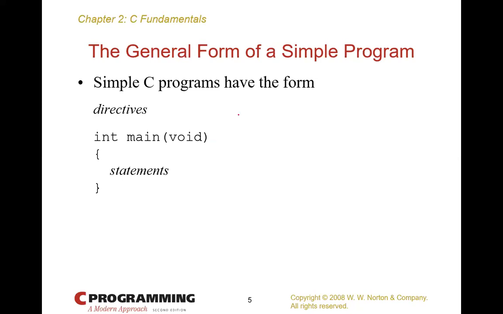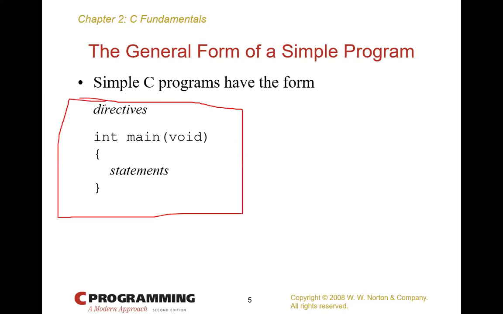All right. So, what do C programs look like? C programs have this general structure. First is that C programs start with directives. This is hash include stdio.h. This is the example we saw earlier.